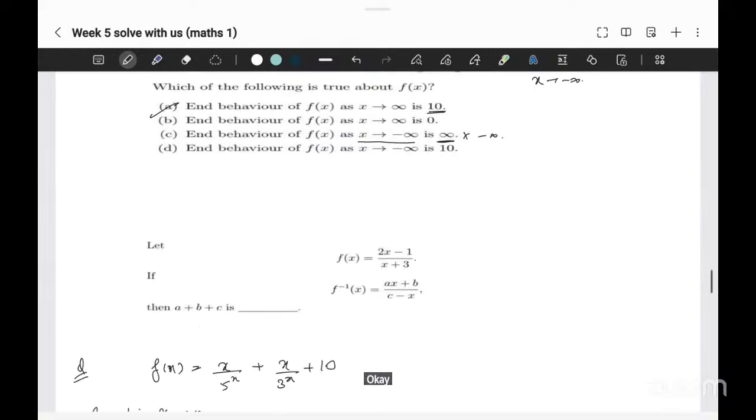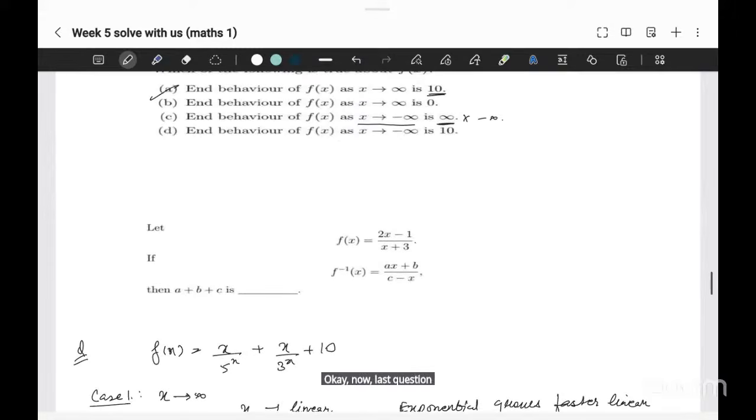Okay. Now the last question. Let f(x) be this, and if f inverse of x is this, then find the value of a plus b plus c.